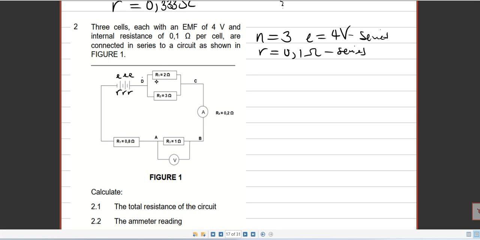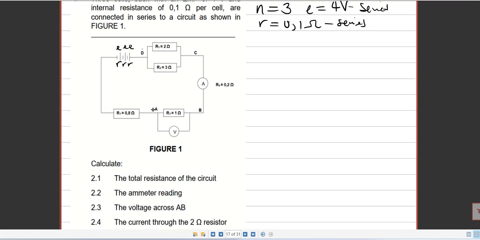So here's our figure here. They've already given us all other data in our circuit here. They've sketched the circuit for us, and it's our responsibility to interpret it correctly and apply the calculation correctly. First question says calculate the total resistance of the circuit.